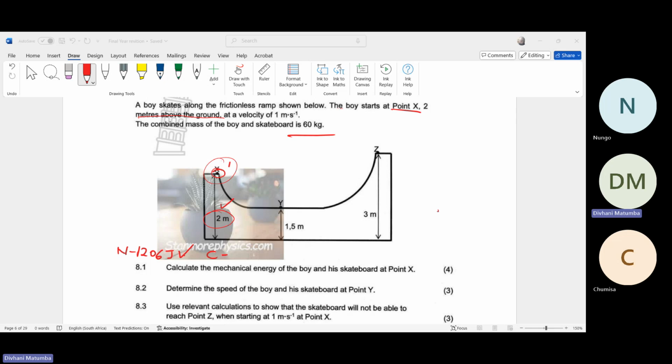We are now doing 8.3. We want to prove 8.3.